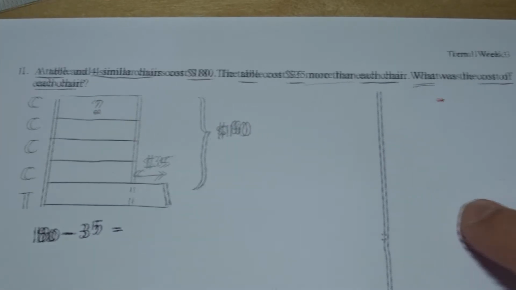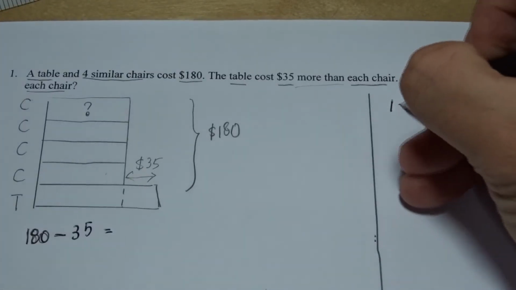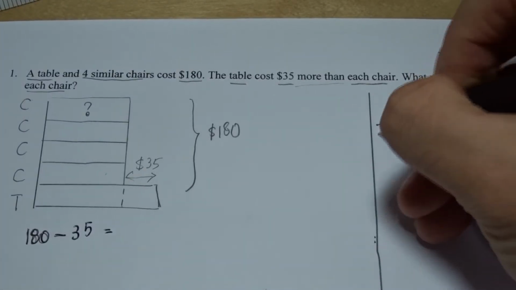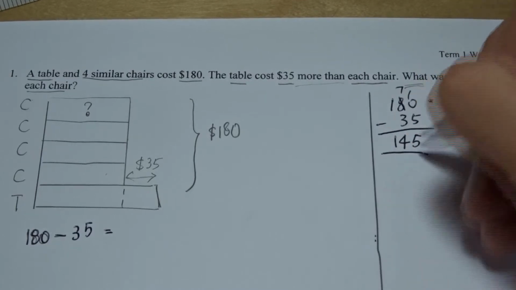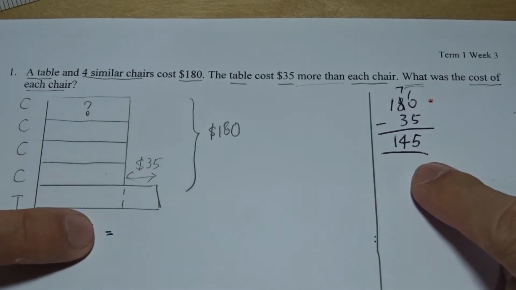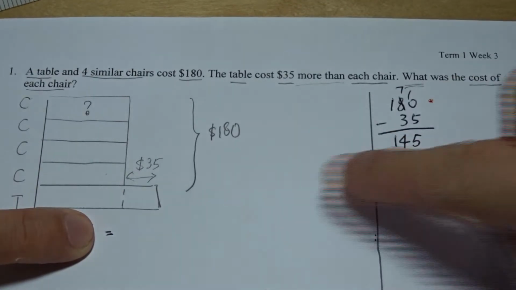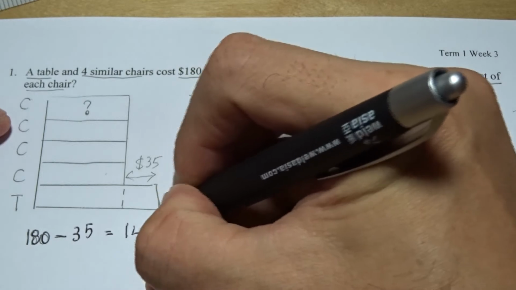So, notice that we need to do our working here. And take note that we need to transfer the value of our working correctly back to where we're supposed to write our number sentences.